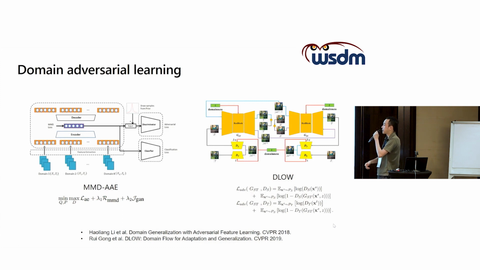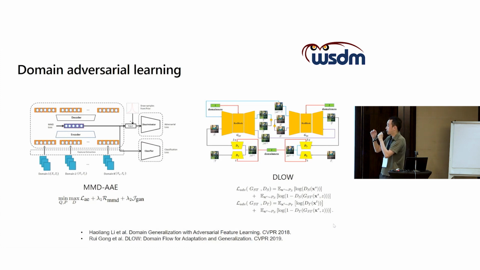So for example, in this MMD-AAE work, besides utilizing the MMD loss to extract shareable information, one can also introduce two additional terms. One is the autoencoder term, to ensure that the latent feature preserves as much information as possible. Besides, in this work, the adversarial training idea is also proposed, by matching the distribution of the latent feature space to a predefined prior.